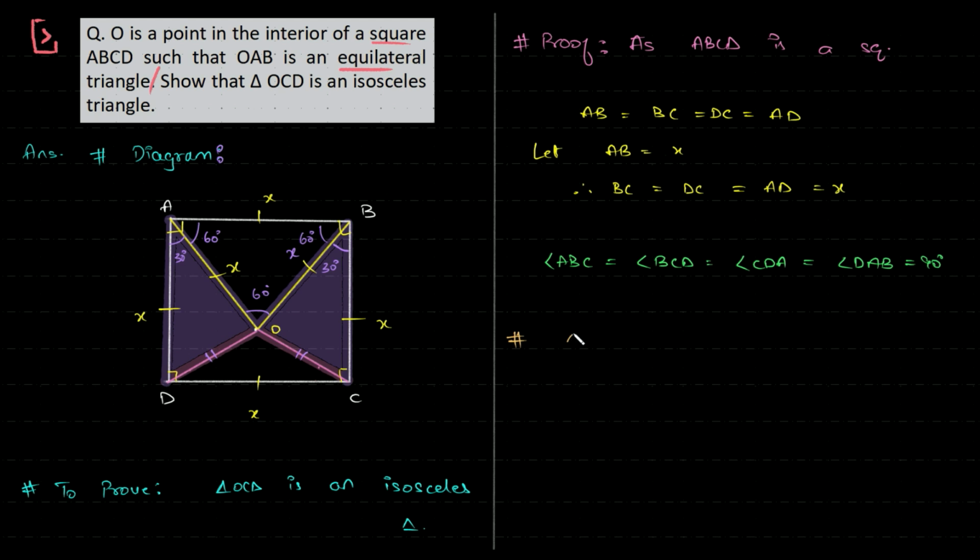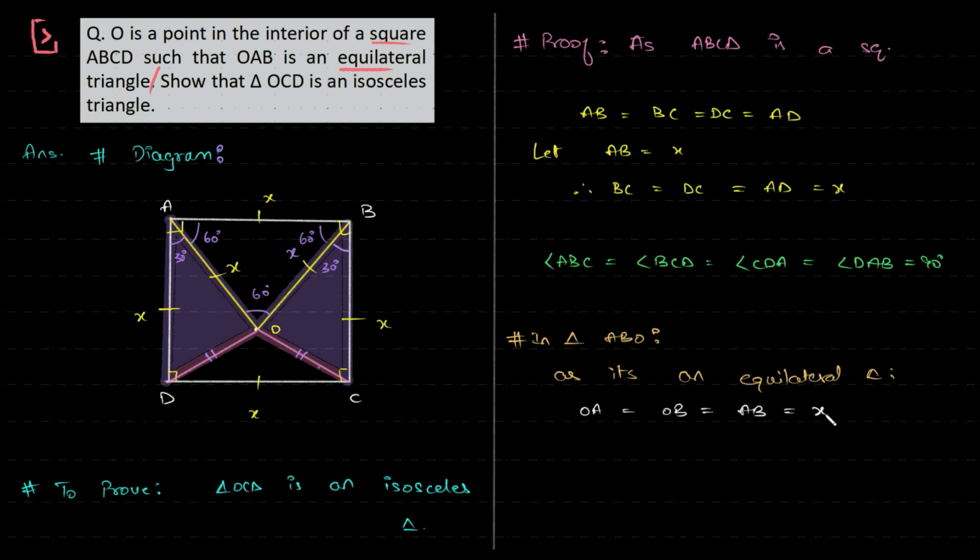Now we have triangle ABO. In triangle ABO, as it's an equilateral triangle, what is it that we're looking at? We're looking at OA is equal to OB is equal to AB, right?